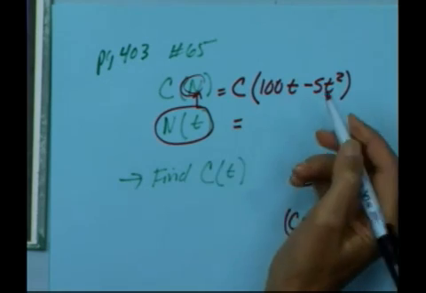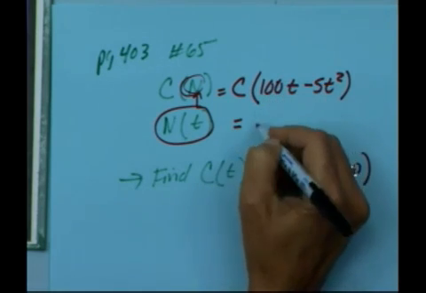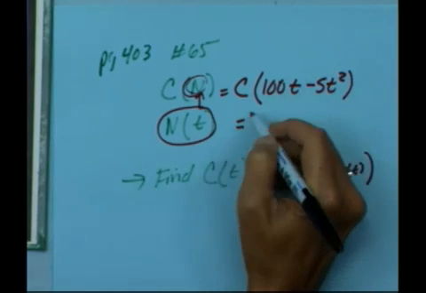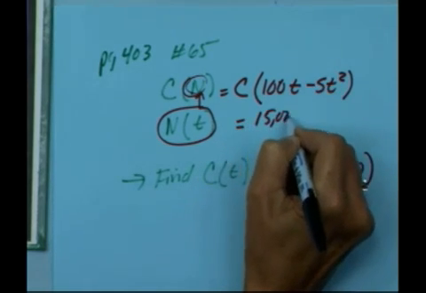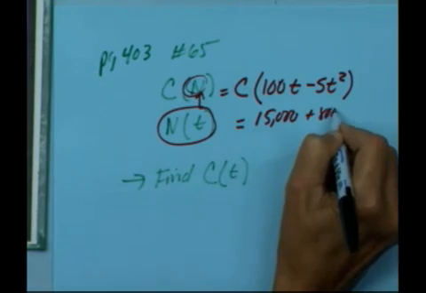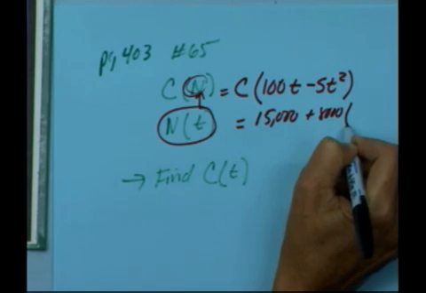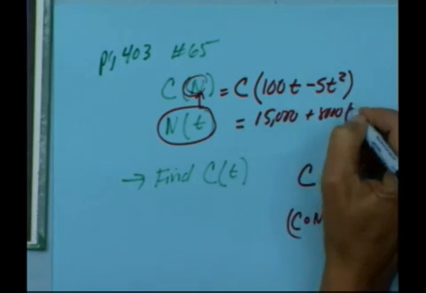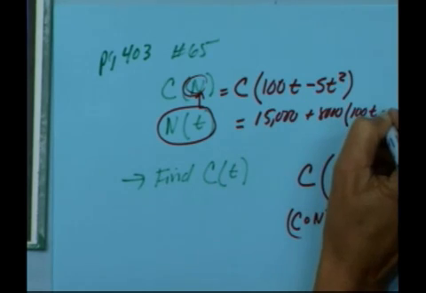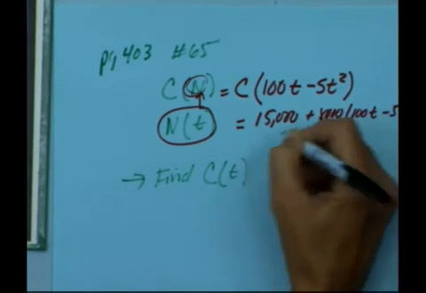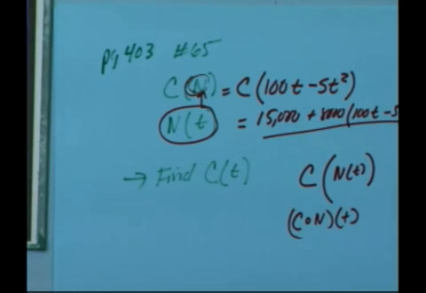And then in your C function, that's going to go in, right? So you have 15,000 plus 8,000, and in the place of the n, you're putting 100t minus 5t squared. Does that make sense? Just doing that substitution.